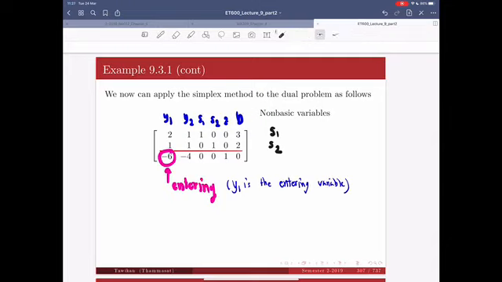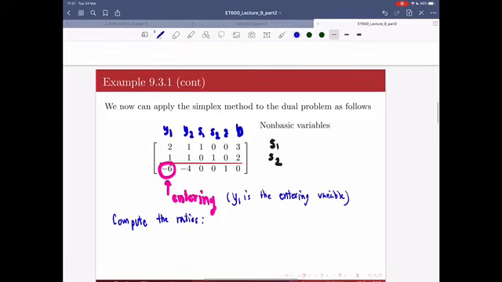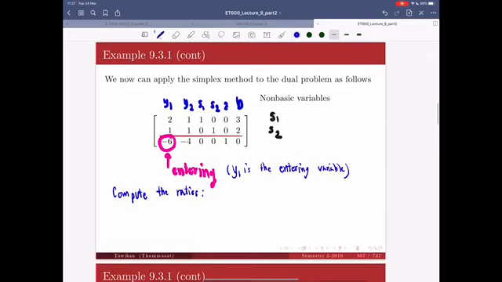We have to determine what is going to be our departing variable. So we need to compute the ratios. To compute the ratios, out of the first row, you divide 3 by 2. 3 divided by 2 makes 1.5. And the other ratio is 2 divided by 1, which is 2.